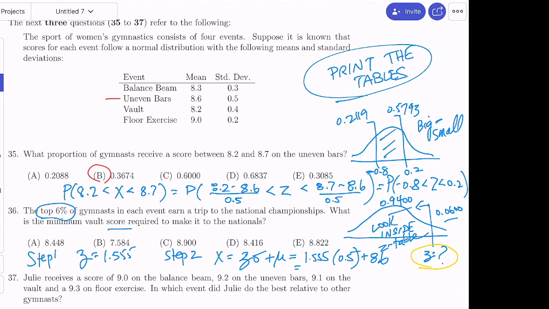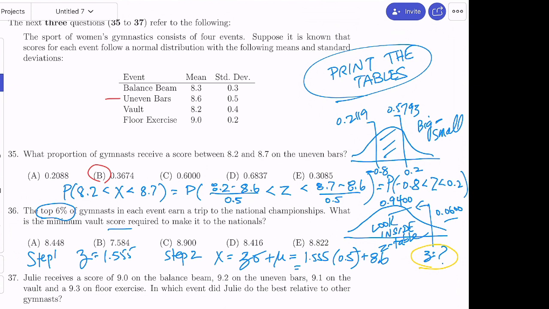So if I'm 1.55 standard deviations from the mean, I have to fix that so that in terms of the problem, I get a different answer than all of you guys. Why? 8.6. Let me do that again. So what did you guys do wrong?